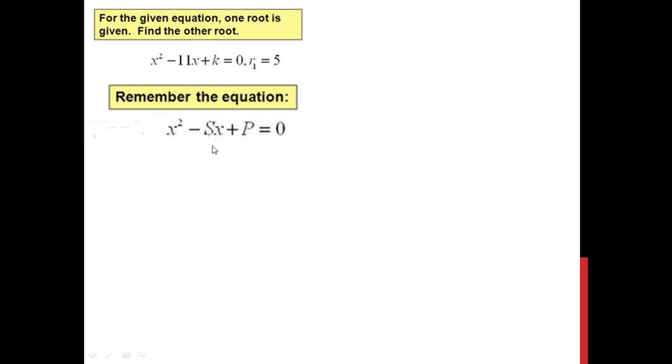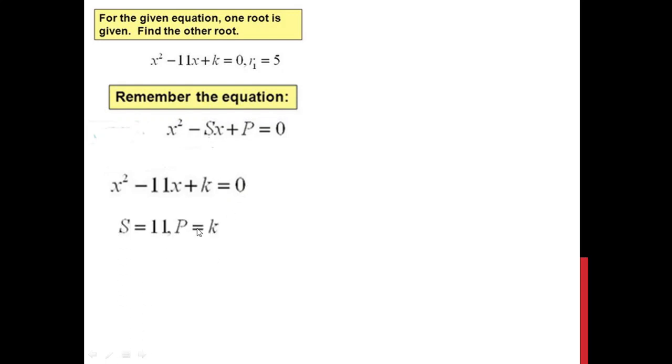Now how about if only one root is given in the equation and we need to find the other root of that equation? To solve for that, we need to remember this equation again. x squared minus sx plus p equals 0. So for the equation x squared minus 11x plus k is equal to 0, we need to solve for the root.